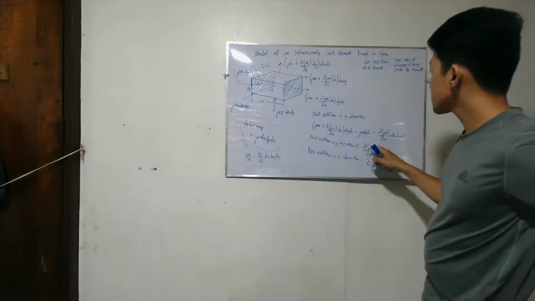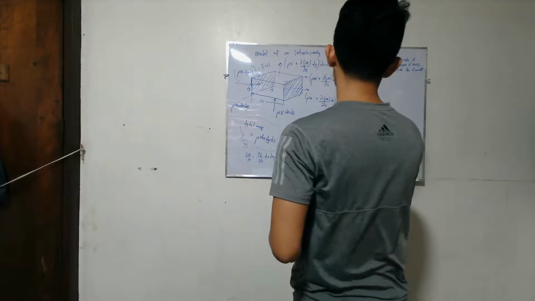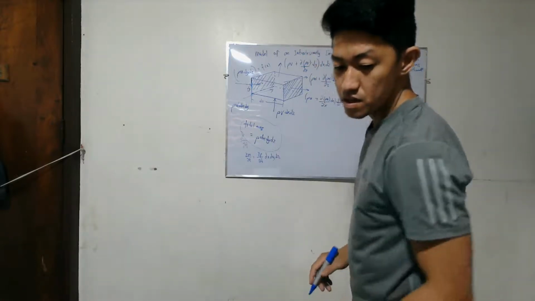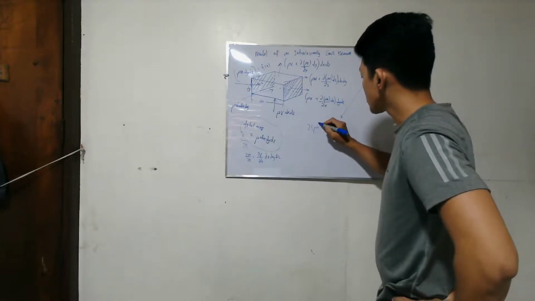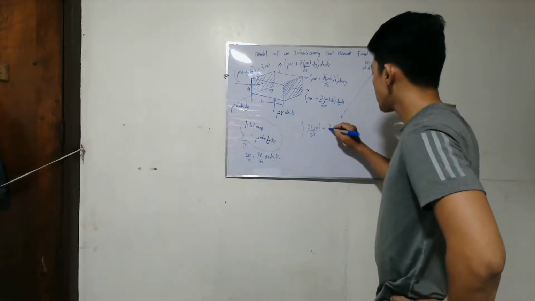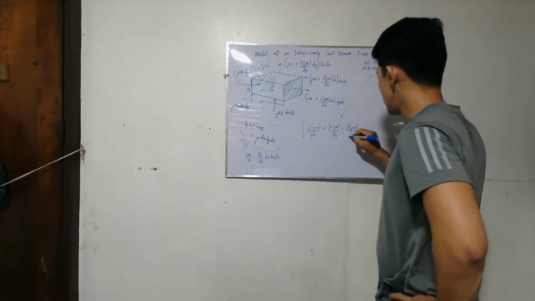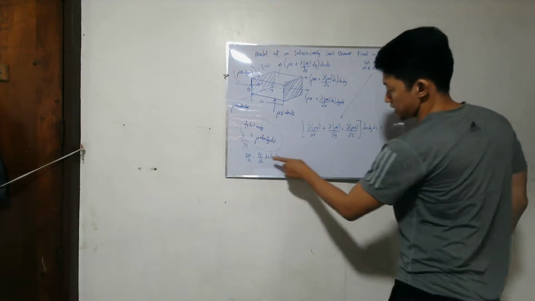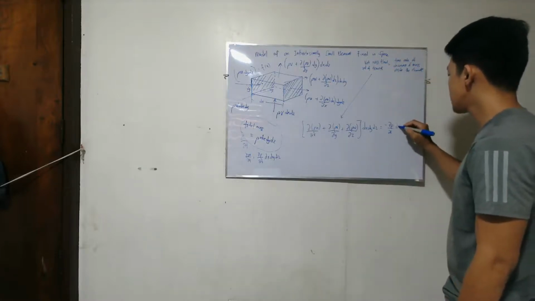So ato ning i-sum up ning tulo. Sum up na to tong tulo to become partial of rho u plus partial of rho v plus partial of rho w, ang katong dx dy dz ato tong i-collect, is equal to the negative of partial of rho respect to time dx dy dz.